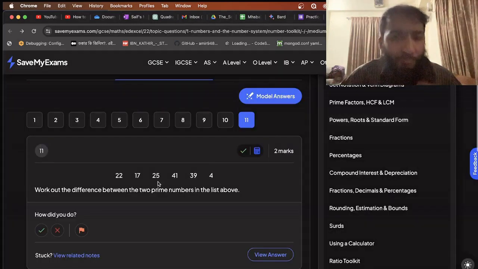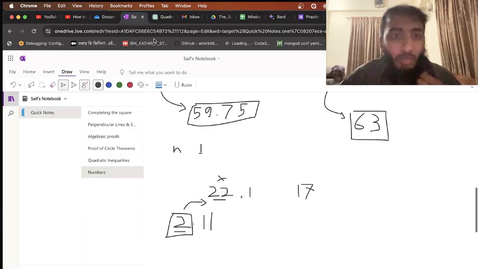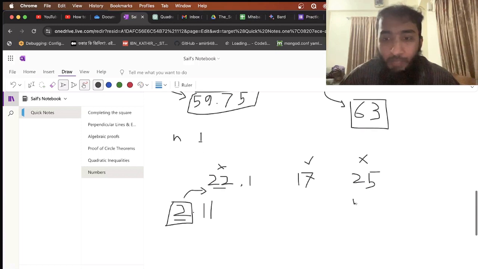If we look at 25, is 25 a prime number? No, because if we multiply 5 with 5, we get 25. So there is a number, 5, that can divide 25 other than 1.